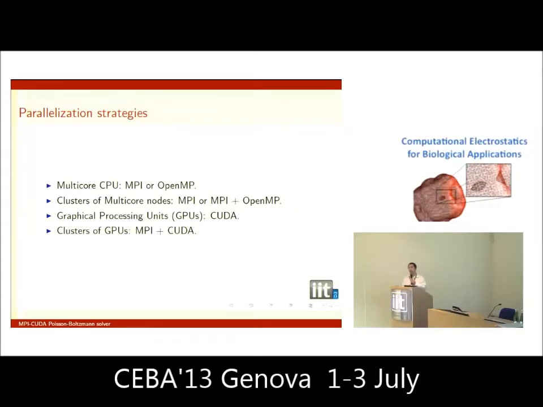You may have a cluster of those. You may have a computer with CUDA. You may have clusters with CUDA. You may have one node with many CUDA cards. There are many options. So what we wanted to do is somehow make an abstraction so we can take advantage of all of those situations.